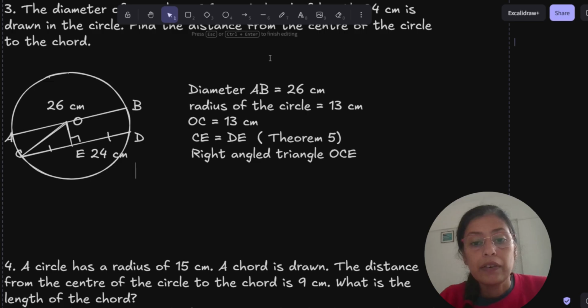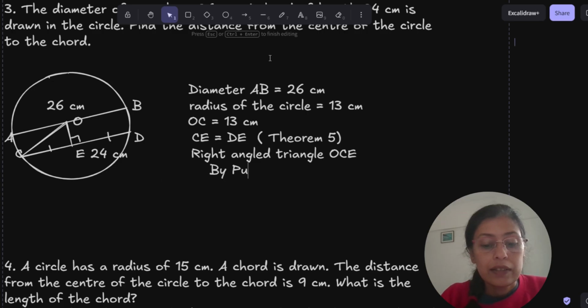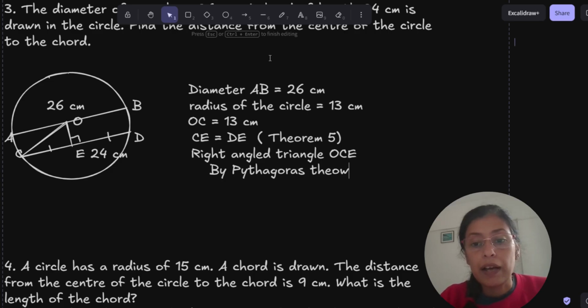And we learned that for a right angle triangle, most likely we must apply the Pythagoras theorem. What is the Pythagoras theorem? OC square, the hypotenuse, is equal to OE square plus CE square.